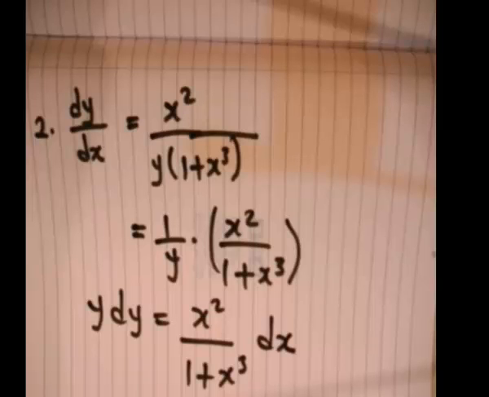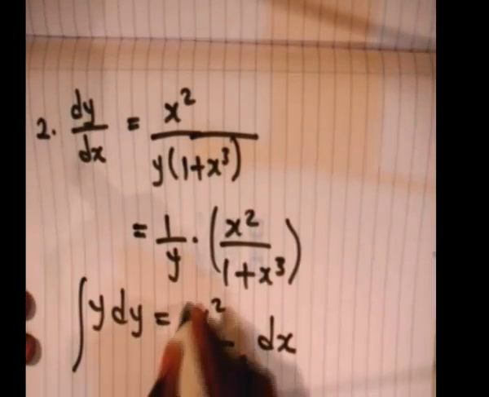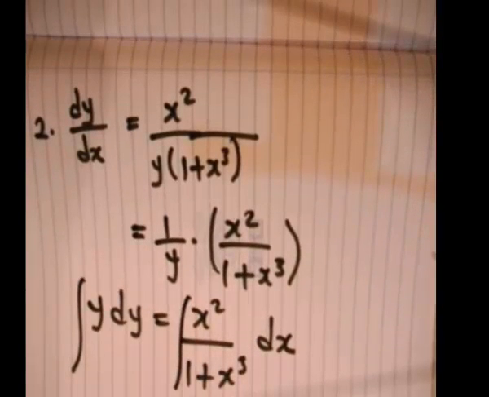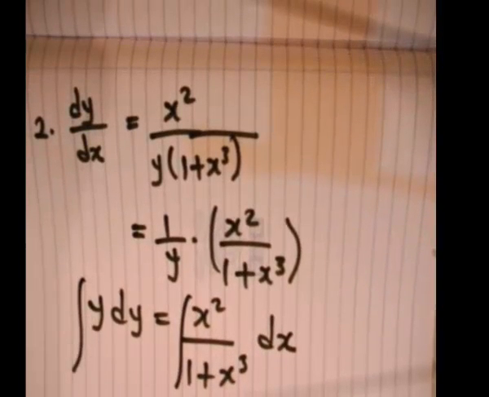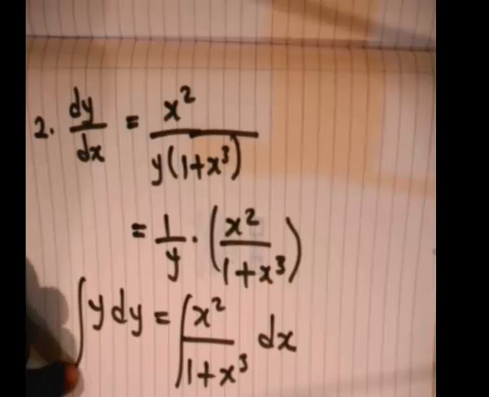Having separated them, the next method is to integrate both sides. This is the procedure for variable separable. When you integrate y dy, you have y squared on 2. Hope that's not difficult. Okay, let's just check a basic integration.